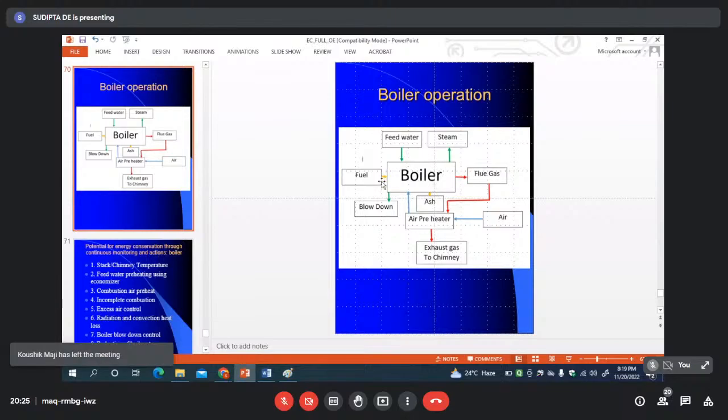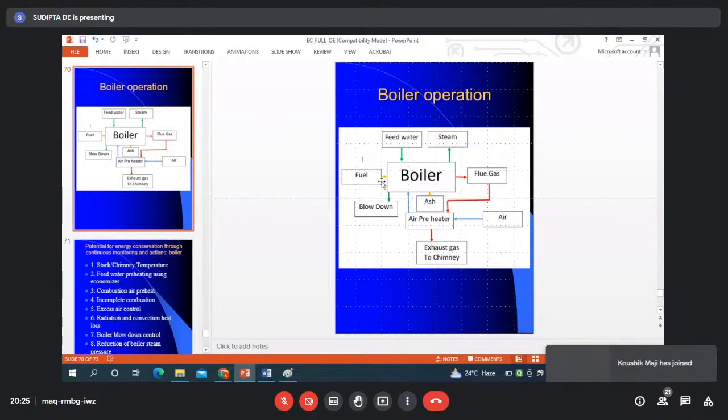So what will happen? Your boiler tubes inside will get deposited with specific solid deposits over time. This will create an additional layer in the tubes, and these not only affect the heat transfer, because the thicker the deposition, the lesser the heat transfer between the gas and the inside water.